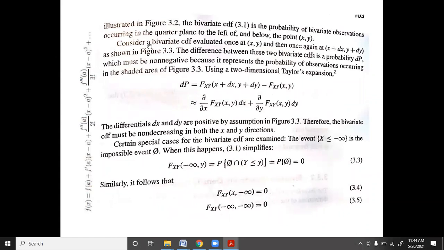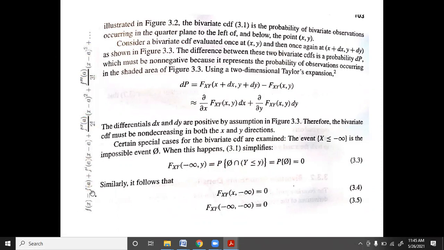So we can consider the CDF evaluated once at x comma y, and again evaluated at x plus dx comma y plus dy. Then the difference between the two bivariate CDFs is the probability dp, which can be represented by means of the Taylor expansion written over here.